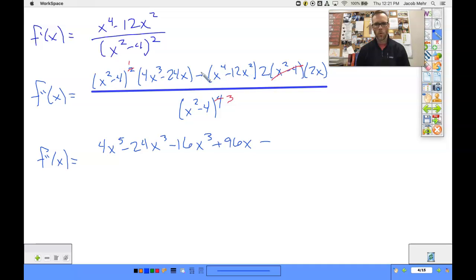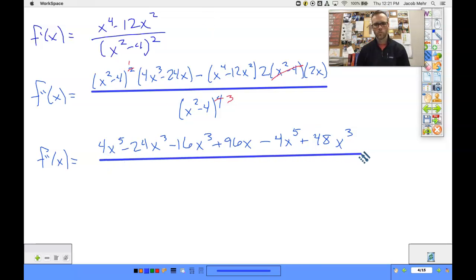I'm going to distribute the 4x with the negative. So minus 4x to the 5th, and then plus 48x cubed. So notice 4x to the 5ths are gone.